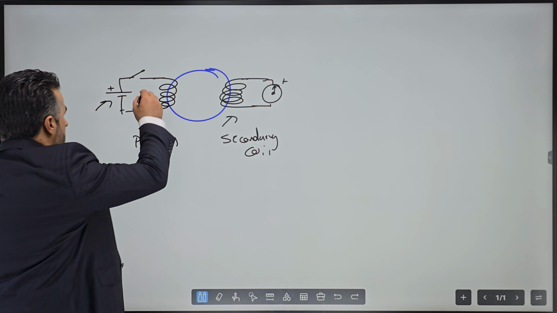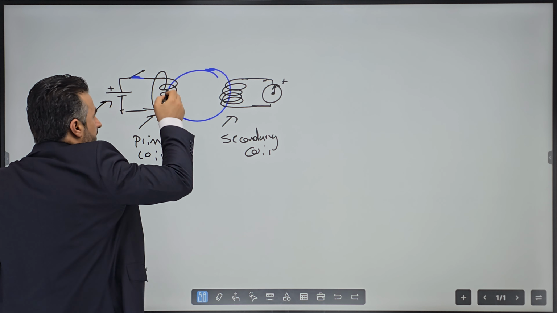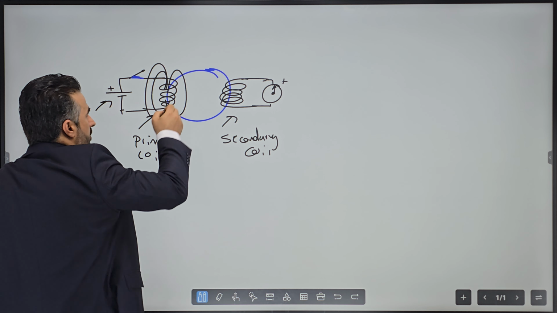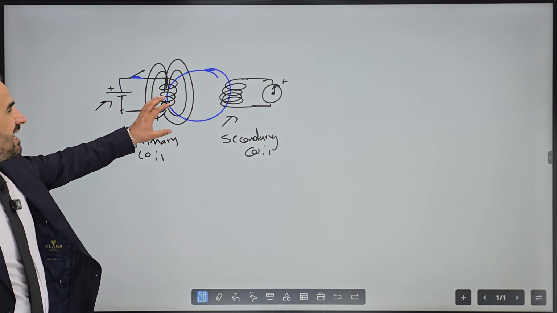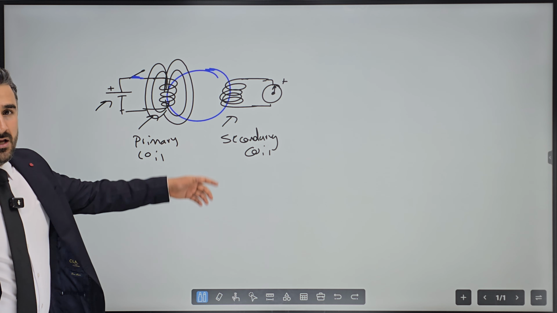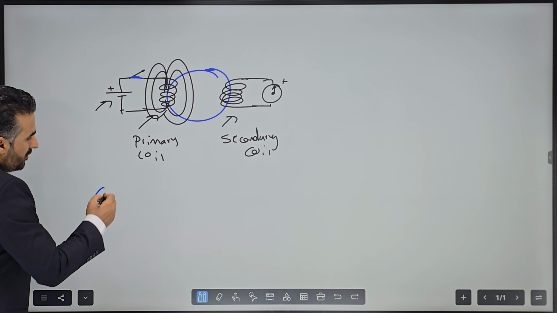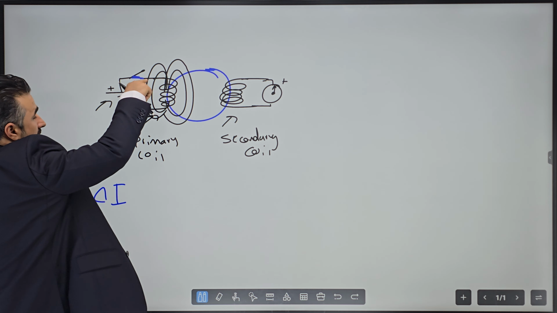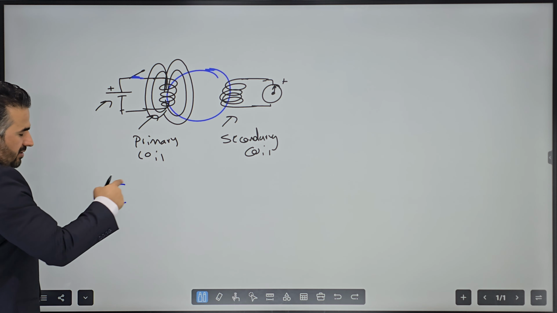So what exactly happens once you close the switch? The moment you close the switch, current starts to flow through the circuit, right? So the magnetic field strength around this coil is going to increase, right? As the magnetic field is increasing, that means there's a change in flux, and this happens as a result of changing current. Previously there was no current in the coil, but once you close the circuit, the current starts to change.